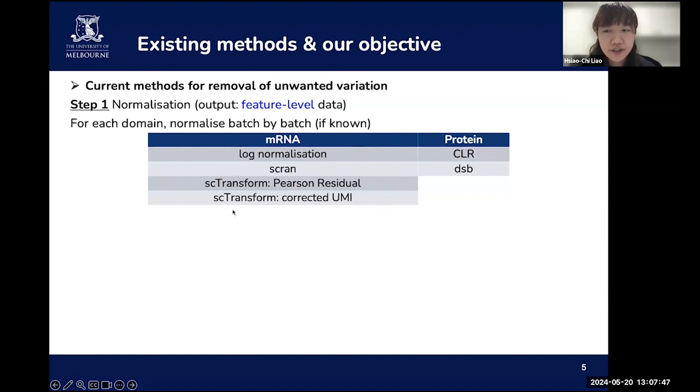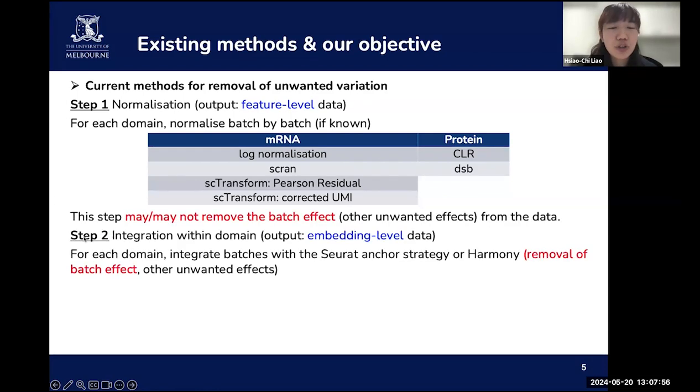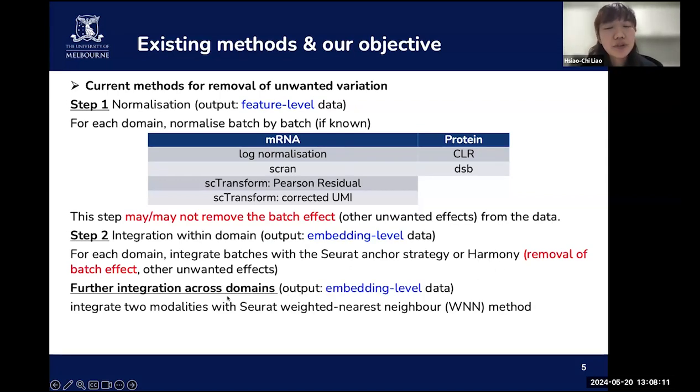However, those methods sometimes cannot remove batch effects from the data, so we need an extra step, step 2, to deal with the batch by integrating batches within each domain using methods such as the Seurat anchor strategy or Harmony. Further modality integration can be done by the Seurat weighted nearest neighbor method.